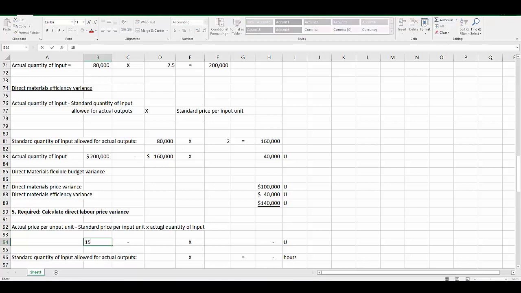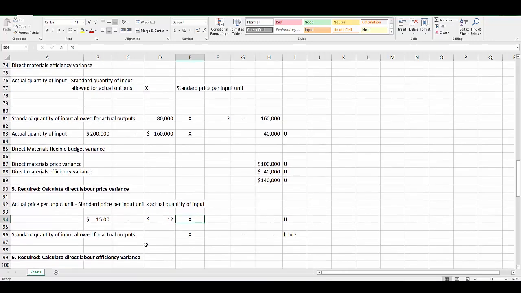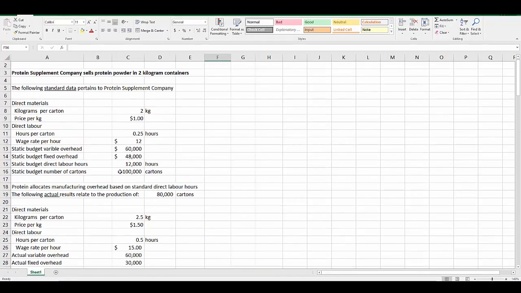So we have our actual labor rate and our standard labor rate, what we thought we would be paying, and what we want to do here is multiply that by the standard quantity of input allowed for the outputs we achieved. So we made 80,000 units, so how many hours should we have spent on that? So you were given up here in the information that what you had expected to spend was 1/4 of an hour, but you actually took 1/2 an hour, 0.5.